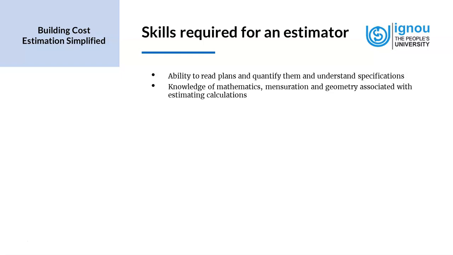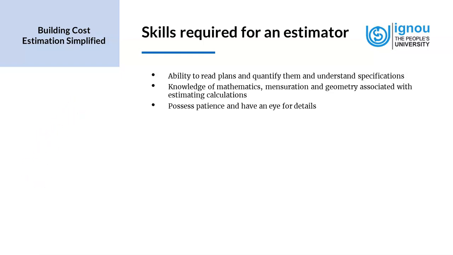So it is important for an estimator to understand what each scale represents. What is the difference in scales and how it can affect the quantity that we take. Sometimes drawings may not be to scale, and in those cases, the estimator has to keep an eye out for what the scale is as specified in the drawing sheet.